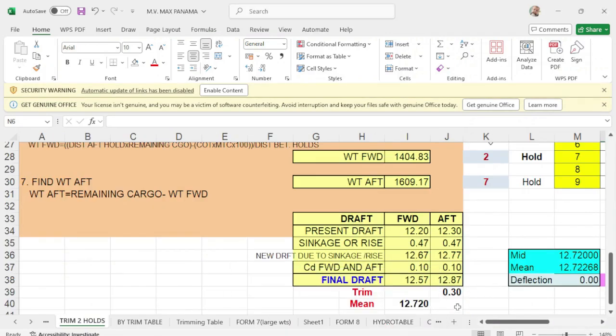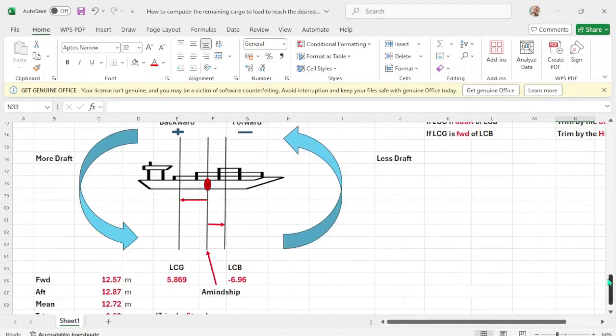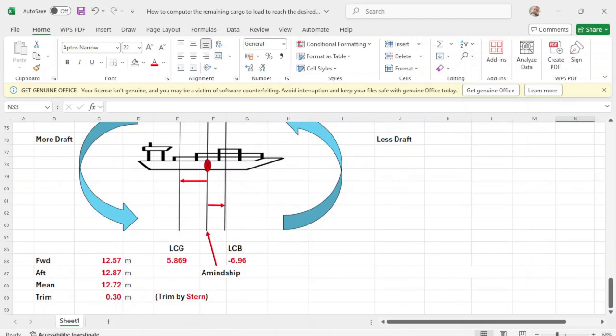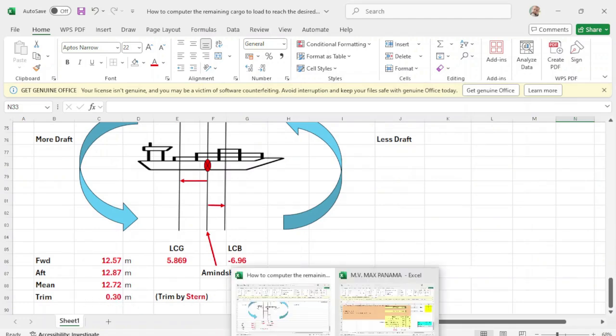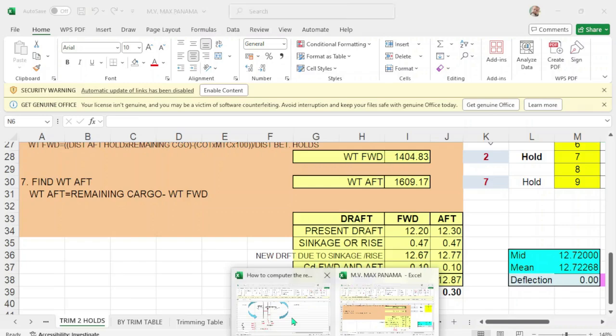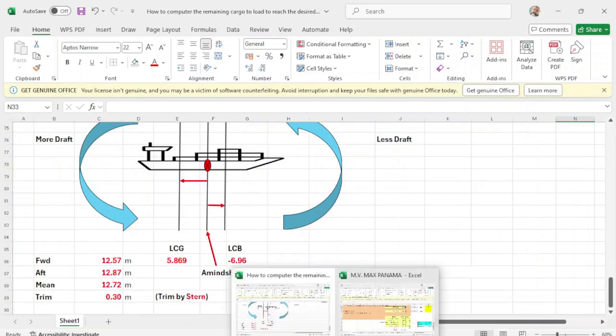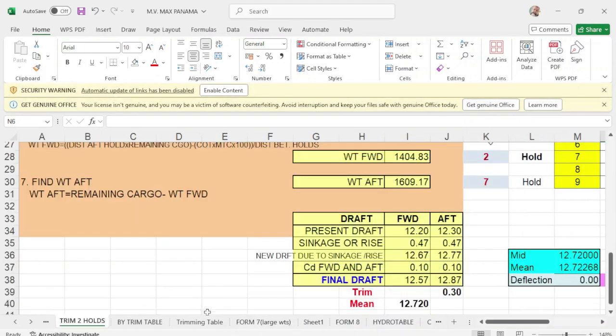Your trim is 0.30, and your mean drop is 12.72. Okay, so that is in trim holds 2.